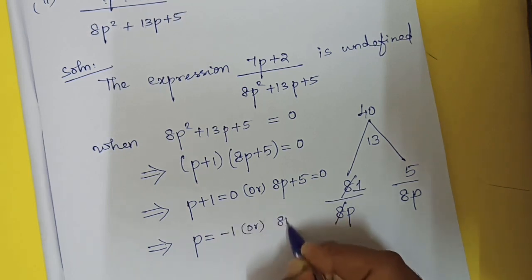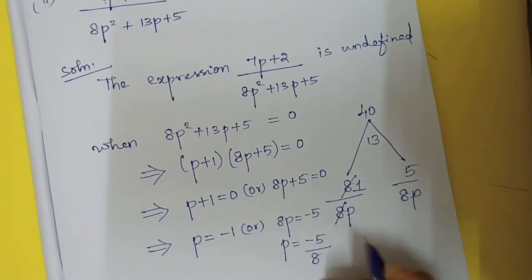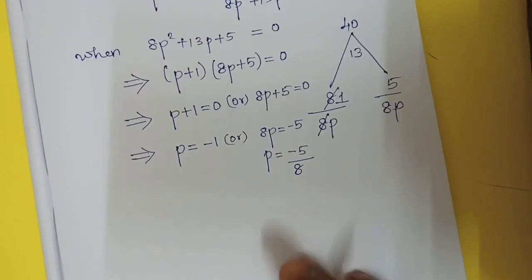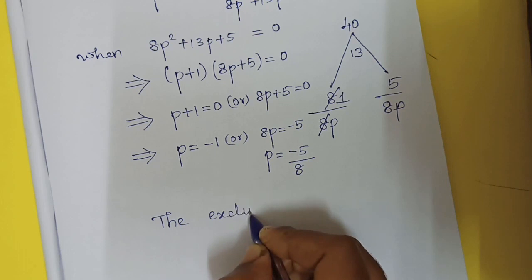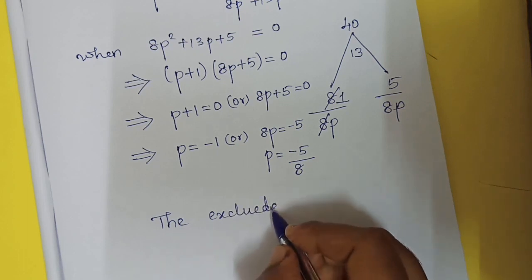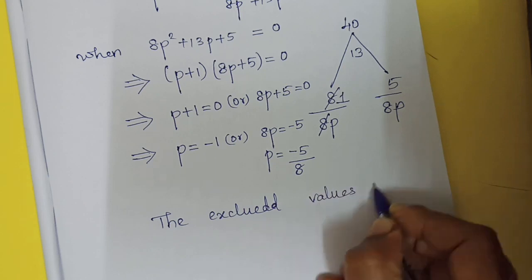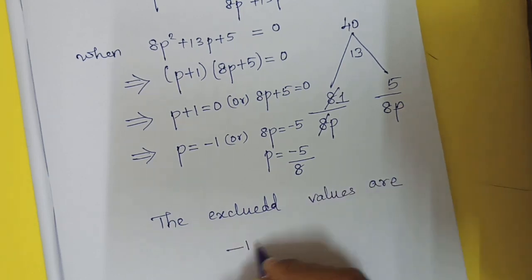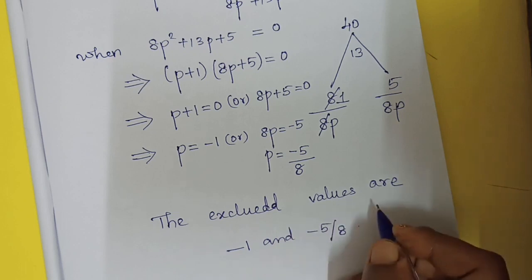Here 8p equal to minus 5, p equal to minus 5 by 8. We found the p values. So what are the excluded values? The excluded values are minus 1 and minus 5 by 8.